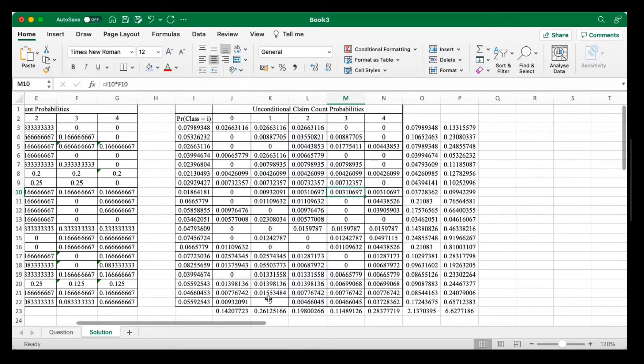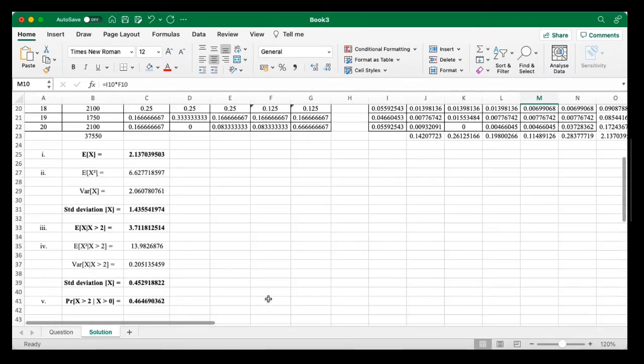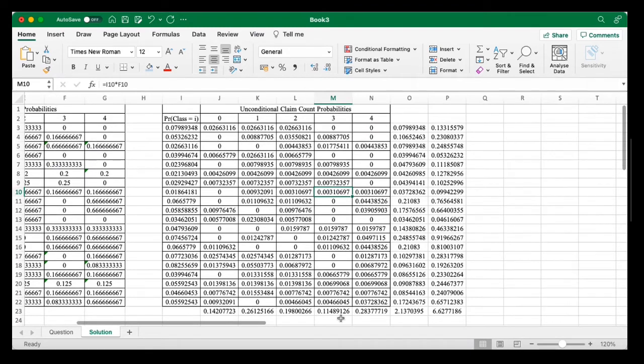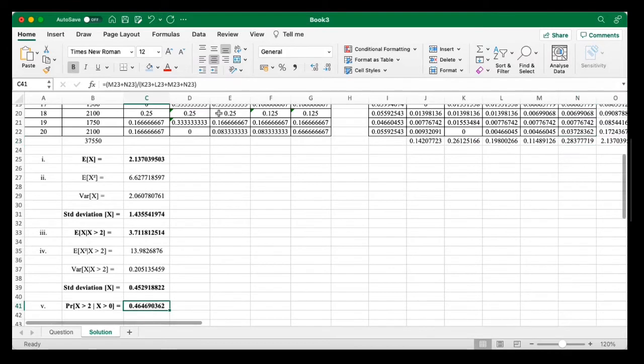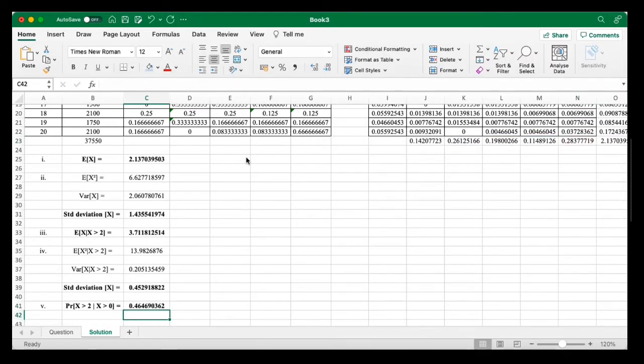While in the numerator, we require the probability of X greater than 2, which represents the claim counts of 3 and 4. So we add up the claim count probabilities 3 and 4 divided by the claim count probabilities of 1, 2, 3, and 4. This will result in 0.464690362.